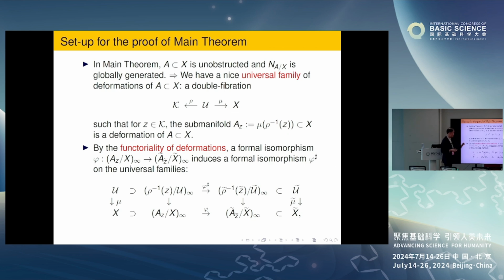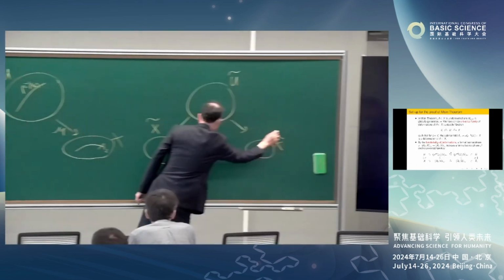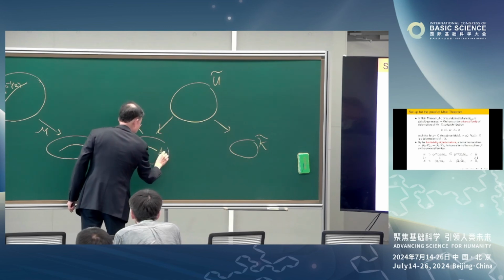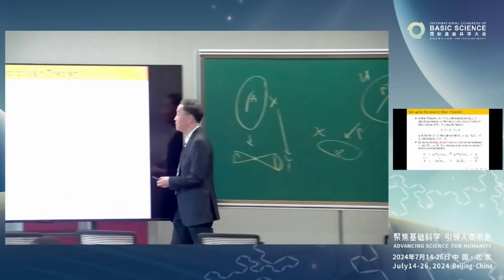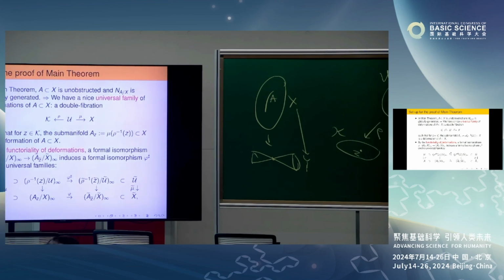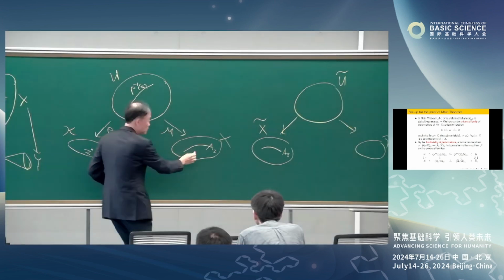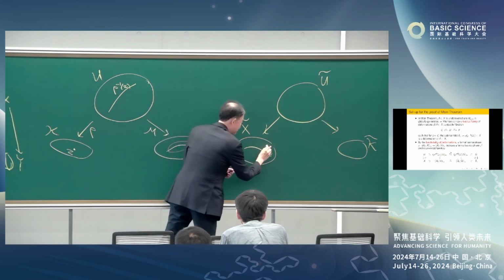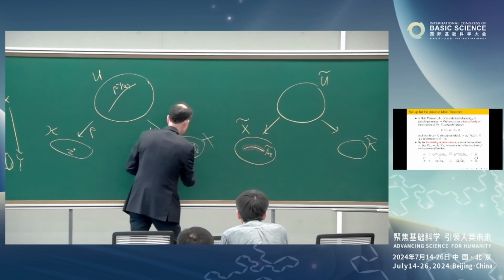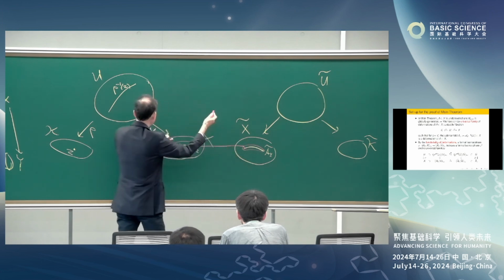Now, the interesting thing is that such a universal deformation is a functorial construction. So if you have a formal isomorphism between submanifolds here, then it can be lifted.